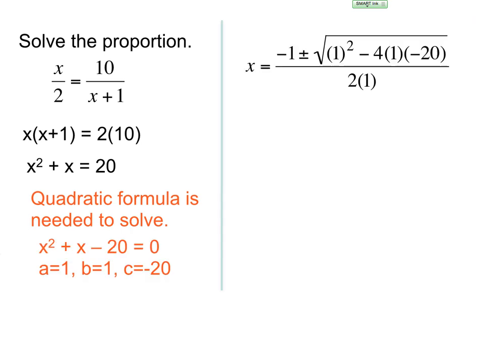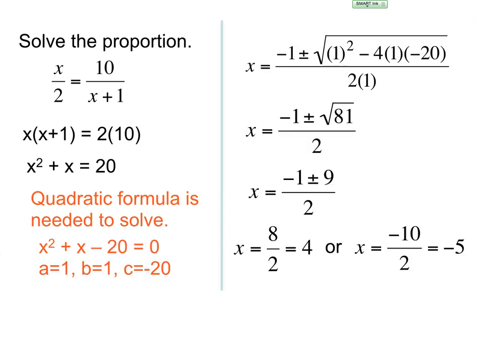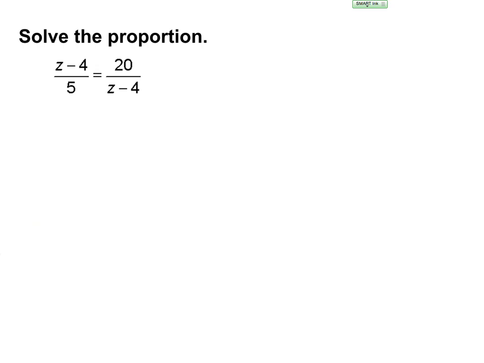Okay, this was the one we just did. All right, let's do z minus 4 over 5 equals 20 over z minus 4. A bit of algebra practice here today.